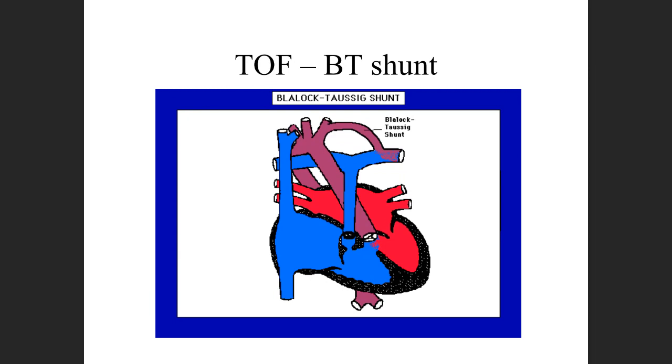Sometimes instead of dividing the subclavian artery, a shunt or a graft is placed between the subclavian artery and the pulmonary artery on that side. And that's what we call a modified Blalock-Taussig shunt.